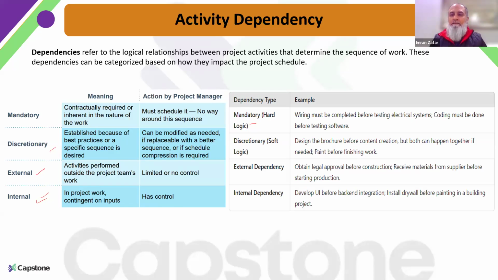In parallel, yes, exactly. You cannot start the concrete work unless you have done the excavation. That is something mandatory or inherent in the nature of work. Or you may be contractually bound, or legally bound, to do it like this. Let's say you are dependent on permits. Okay.